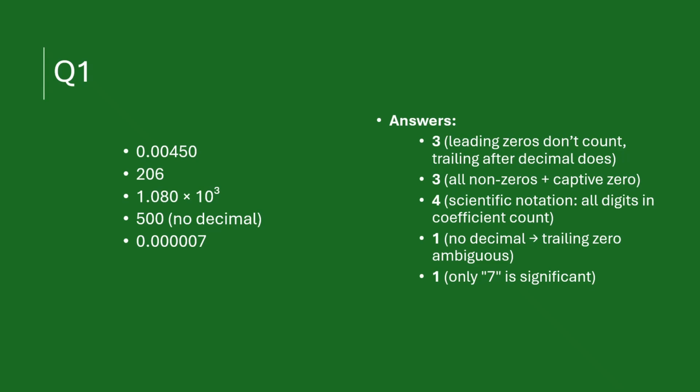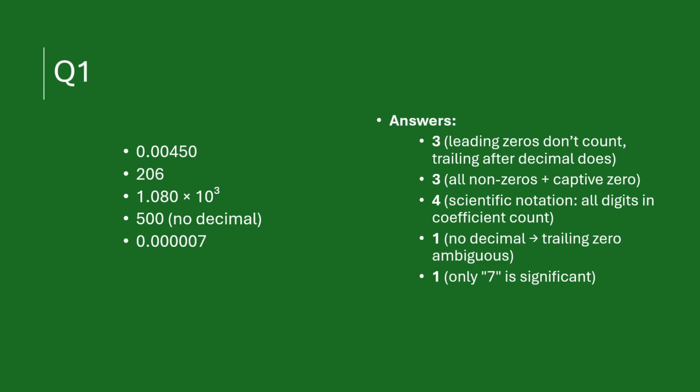Number two is 206. Next, we have 1.080 times 10 to the 3. We have 500 with no decimal. And lastly, we have 0.0000007.